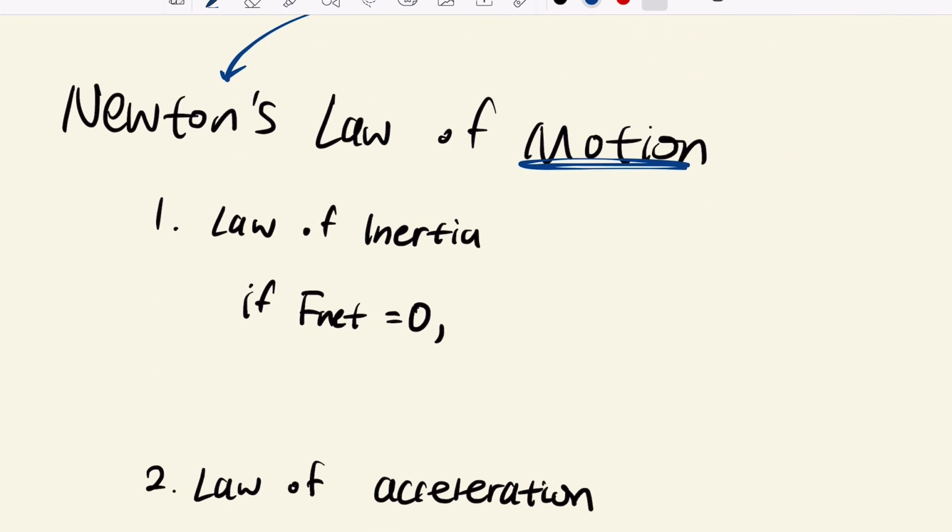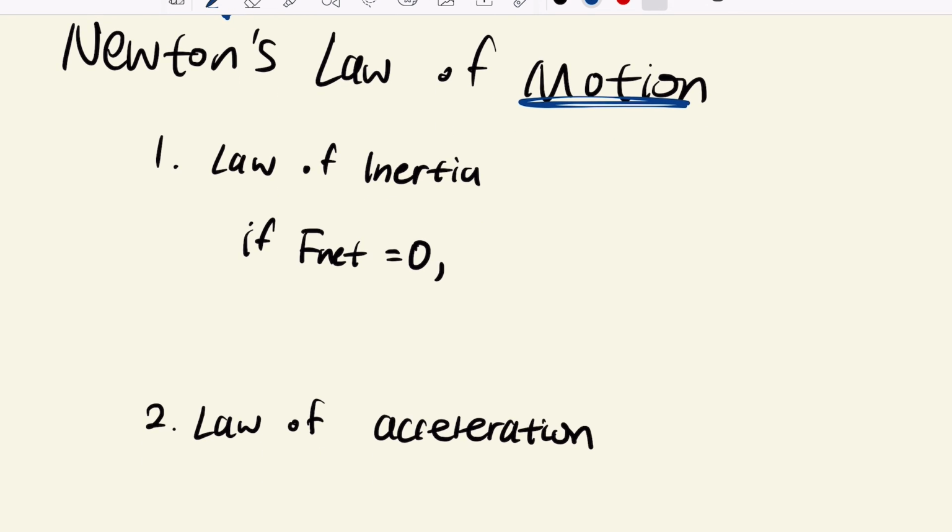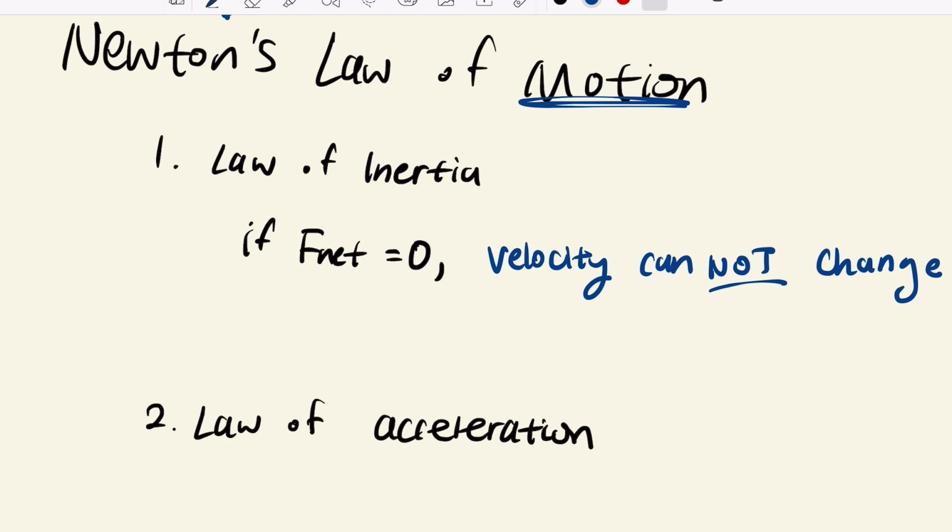So first, as we've been talking about, the law of inertia says that if F net, which is the sum of all forces acting on an object, equals 0, the velocity cannot change. So if F net equals 0, it means we have a constant velocity and acceleration equals 0. But why?